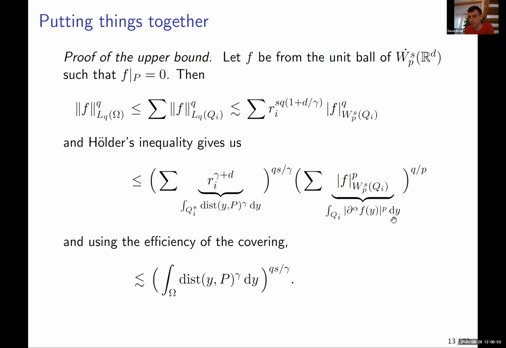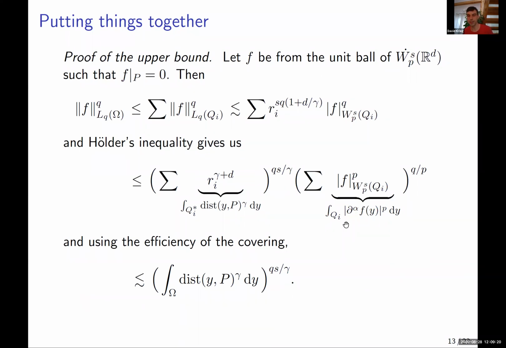Okay, and now you have this thing here, and these integrals we can add up easily. Why is that? Because this covering is efficient. So every y is hit at most a constant number of times. So if we take the sum, it's bounded by the integral over the whole domain.